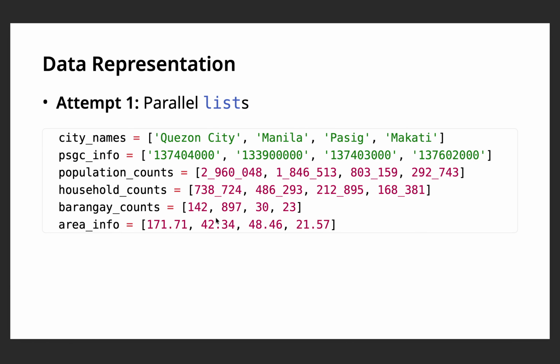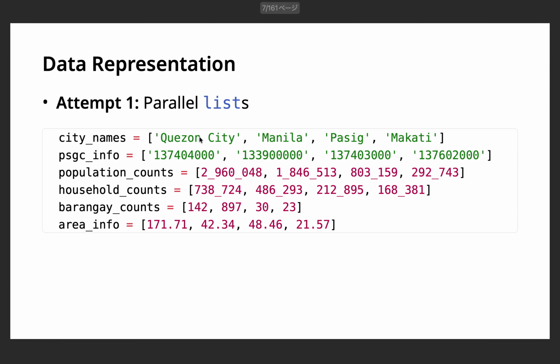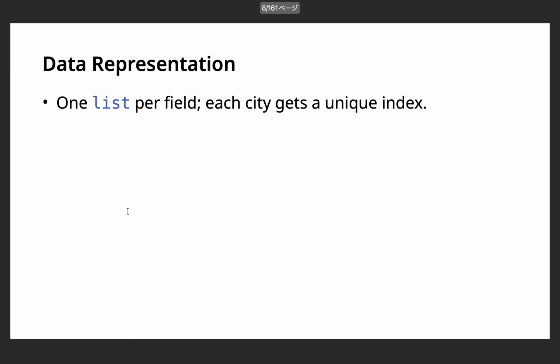So this does encode all of the data over here. So for example, all of the stuff for Quezon City is encoded in the first entry of each of the lists over here. So the question is, is this a good way to represent our data?